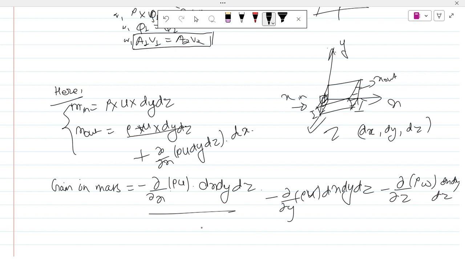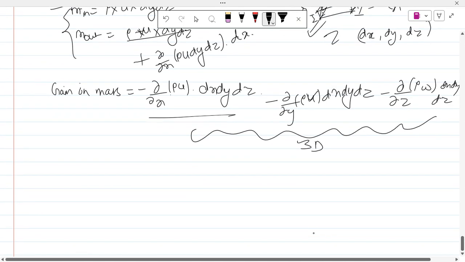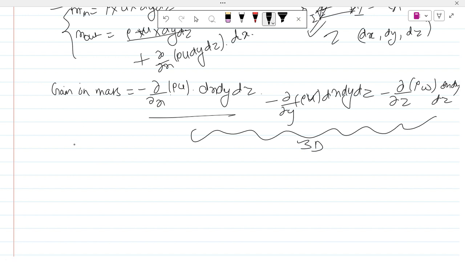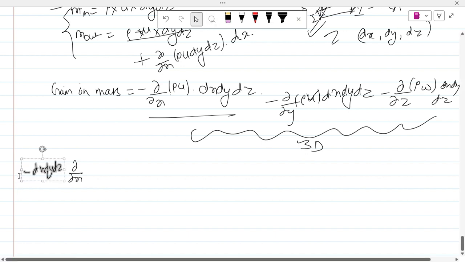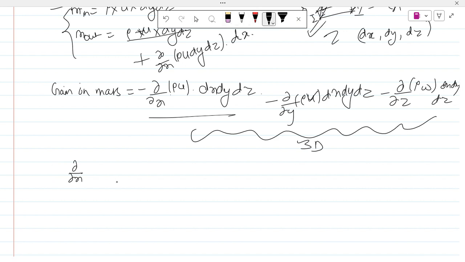So this is our gain in mass in 3D. According to mass conservation, the gain in mass must equal the change in mass, which gives du by dx plus dv by dy plus dw by dz times rho dx dy dz.